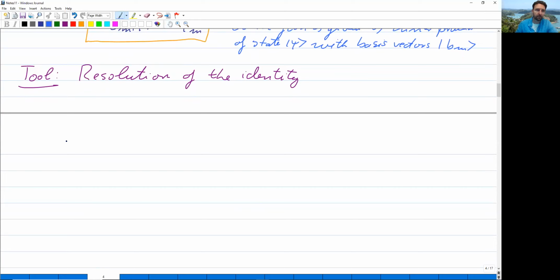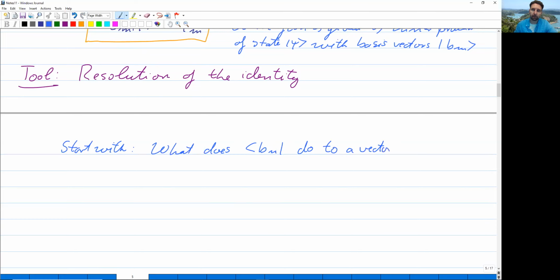We start with: what does a bra vector ⟨Bn| do to a vector ψ in H?